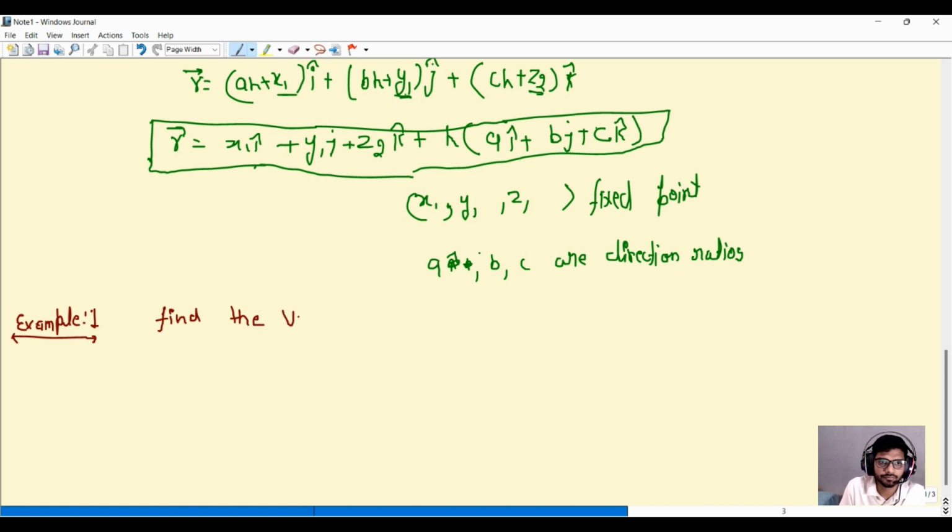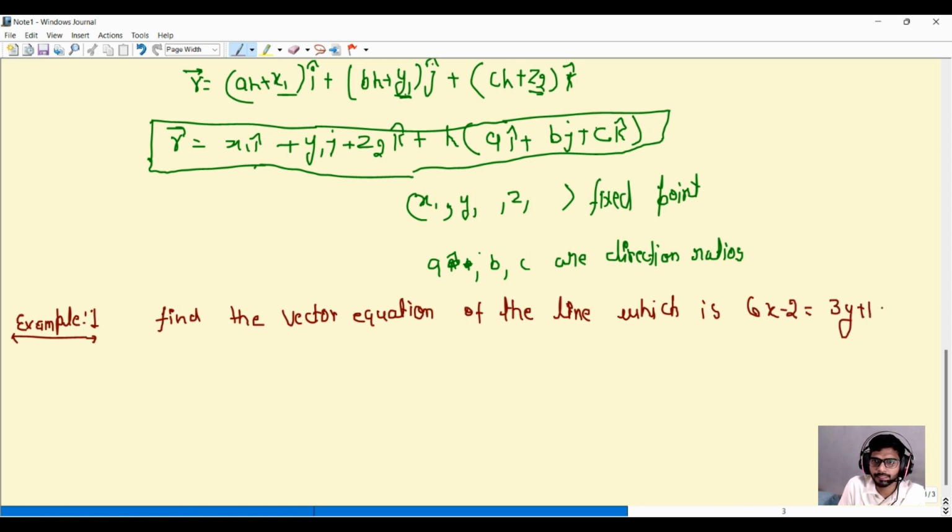Find the vector equation of the line which is 6x minus 2 equals 3y plus 1 equals 2z minus 2 in Cartesian form.